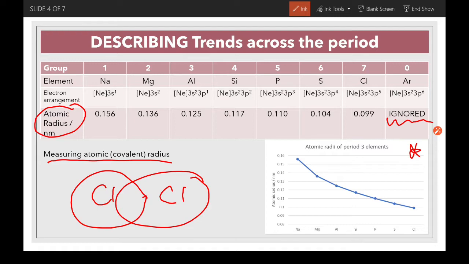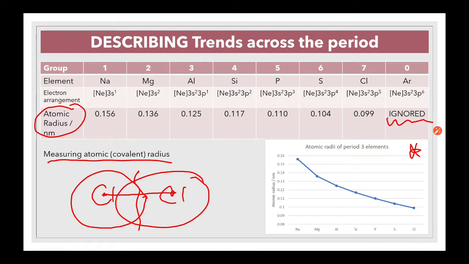What they do is look at the distance between the 2 nuclei and then halve it, and that is what they consider as being the atomic radius. So it's half the internuclear distance between the 2 atoms. You don't need to know much about that, to be honest. I'm just including it for reference.